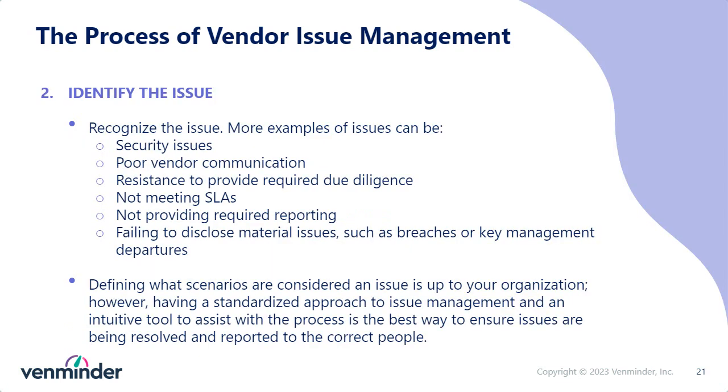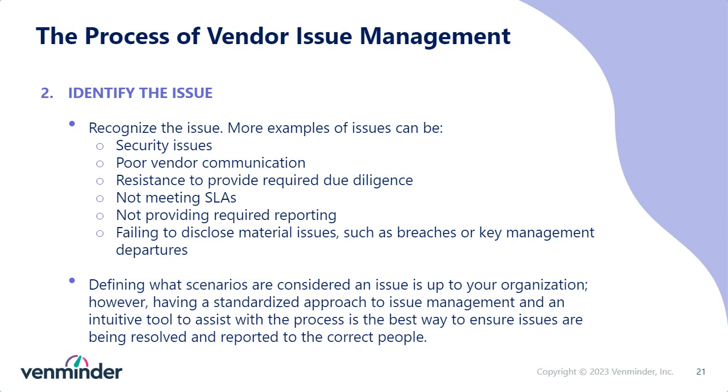All right, now that you have your process identified, we've got to go ahead and identify those issues. We have some examples here. They could be security issues. They could be not meeting SLAs. They can be failing to disclose those material things like breaches or key management departures. But there are also little issues like poor vendor communication, or them being resistant to give us due diligence.